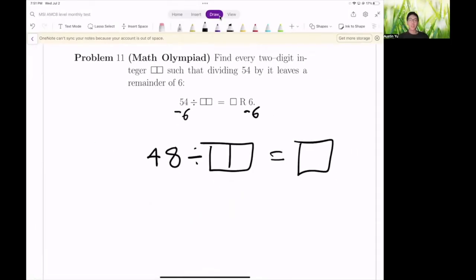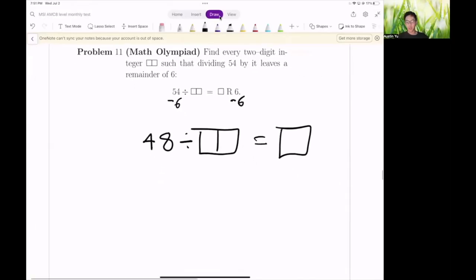So what are the possible numbers? Well, the smallest one would obviously be 12, right? 12, because 48 divided by 12 would just be 4, so that works. And then the next number would be 16 because 48 divided by 16 is 3. And then what is the smallest next number?